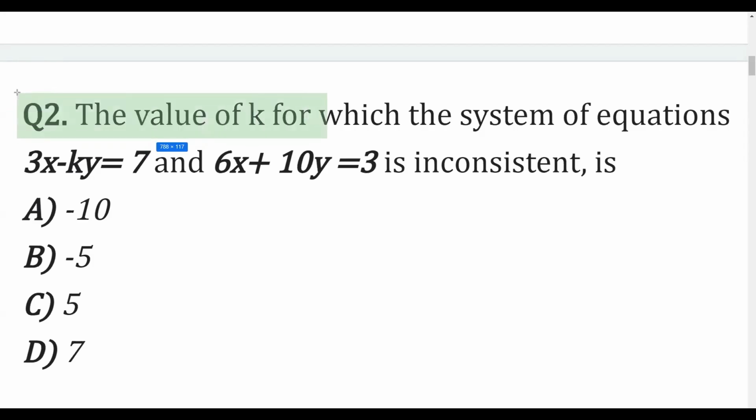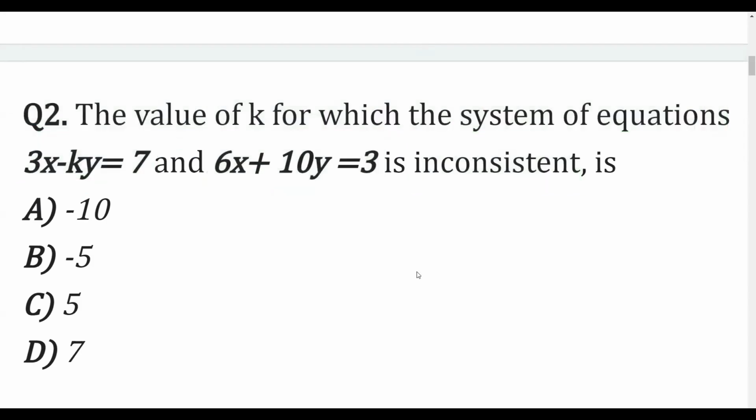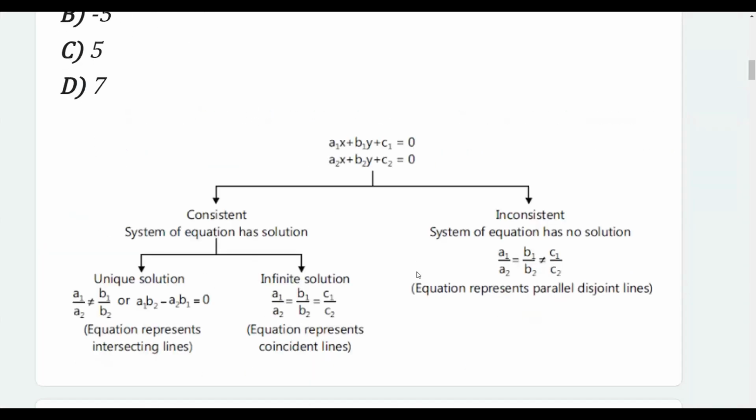In question number 2, we are given a system of linear equations, and we need the value of k for which it is inconsistent. Before we figure out the answer, let's talk about the flow chart.